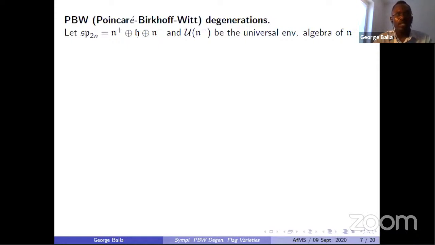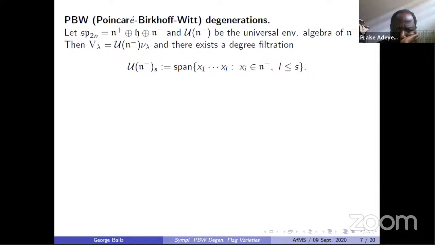Let's take a Cartan decomposition into upper triangular elements, N plus, diagonal elements, H, and lower triangular elements, N minus. And let's take the universal enveloping algebra of N minus. So it is known that V lambda is U(N minus) acting on the highest weight vector v lambda.